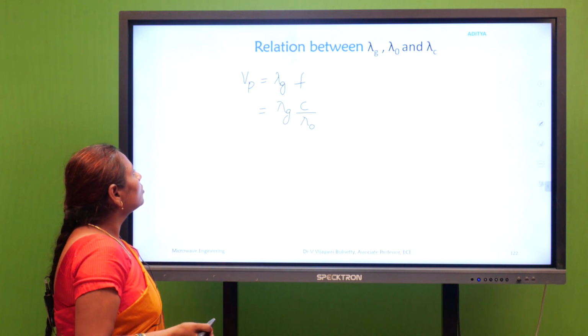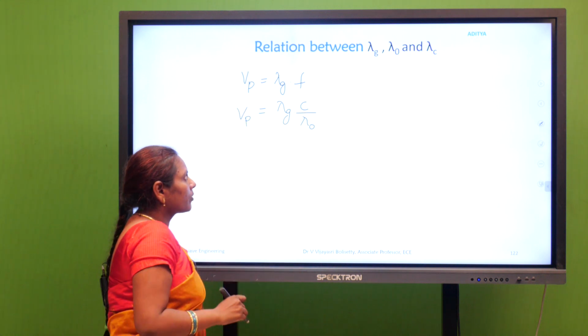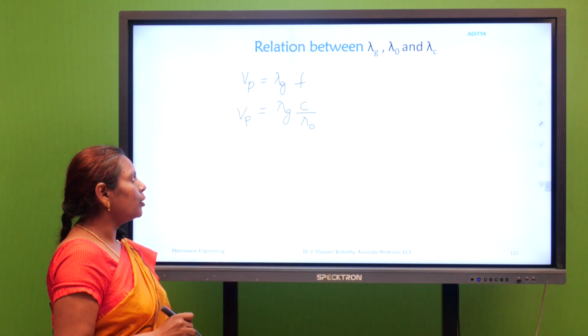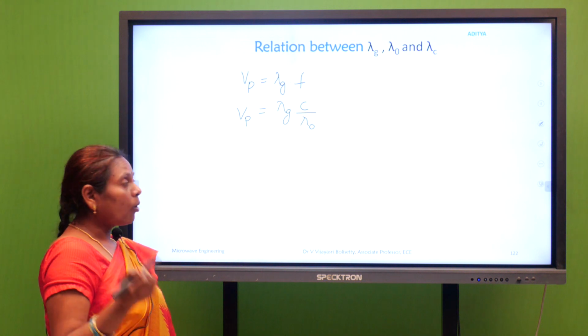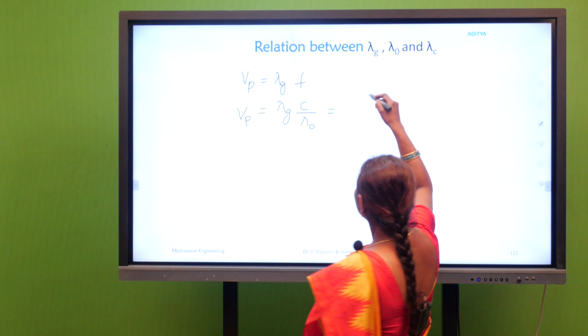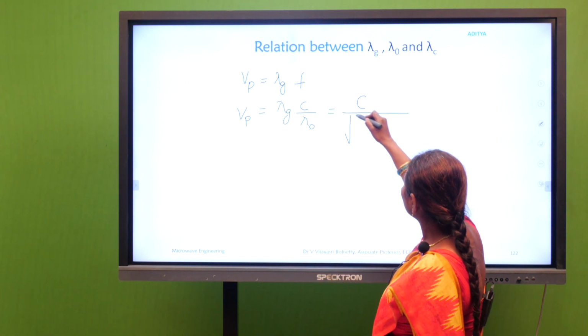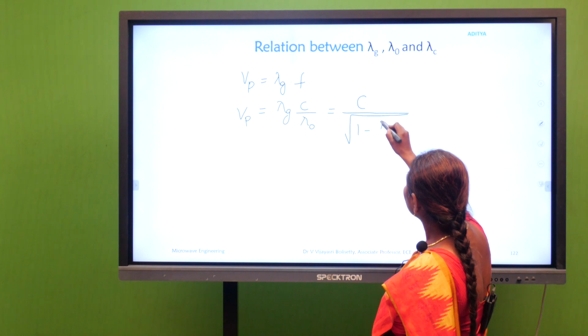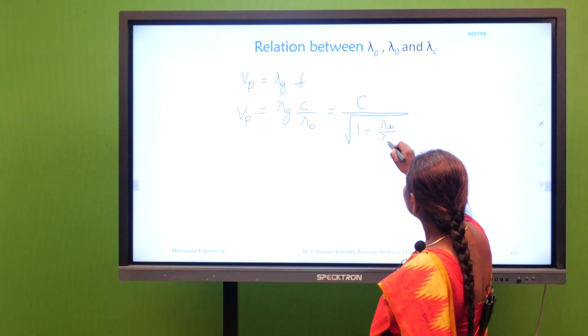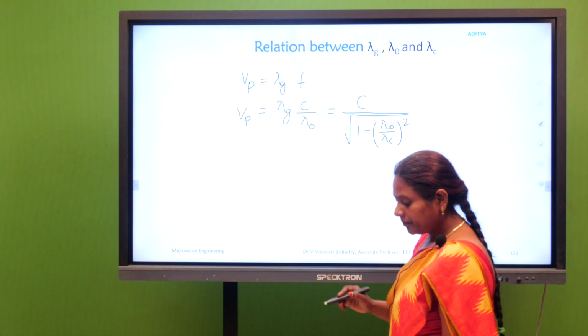So Vp is equal to lambda g by lambda naught into c, but we have already derived the expression for Vp, equal to c by root 1 minus lambda naught by lambda c whole square.